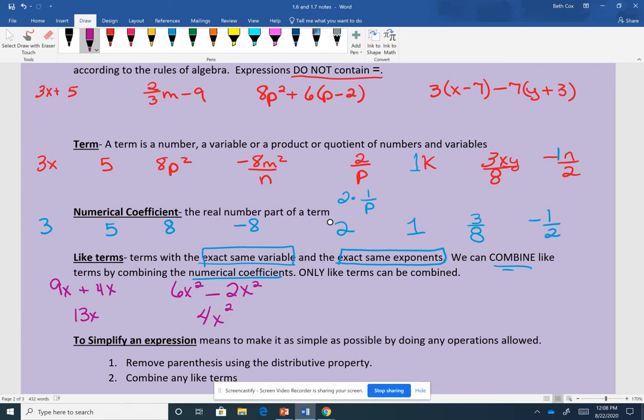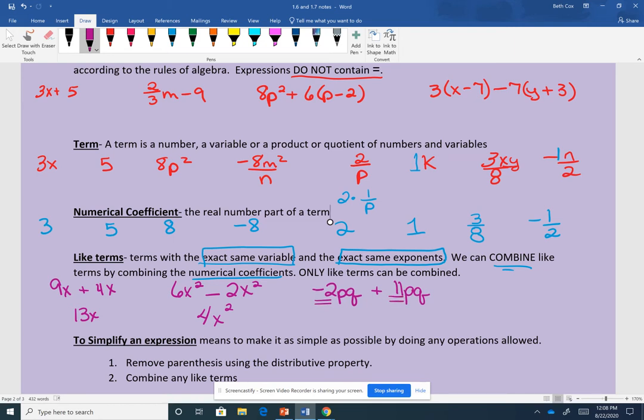We're just doing the numerical coefficients. If I had negative 2pq plus 11pq's, I have to combine the numerical coefficients, a negative 2 and a positive 11.